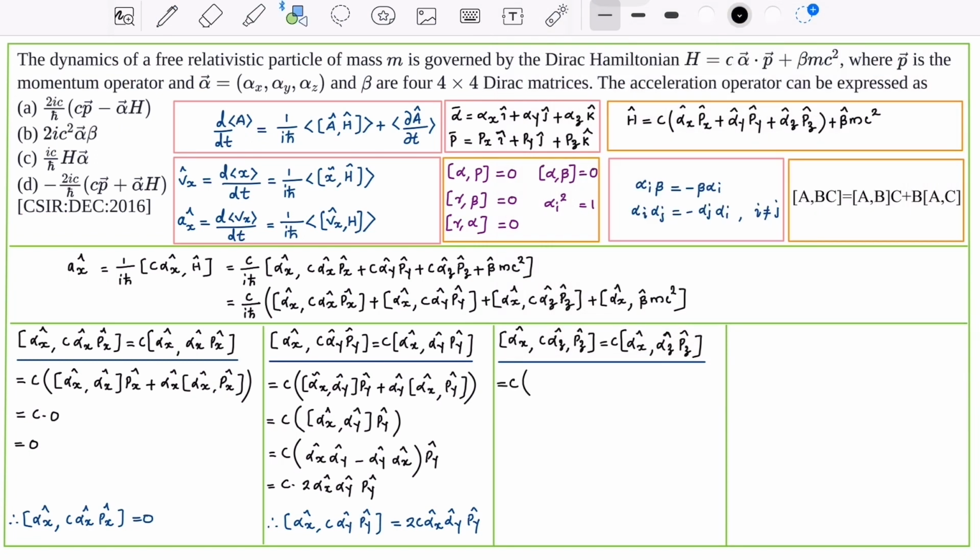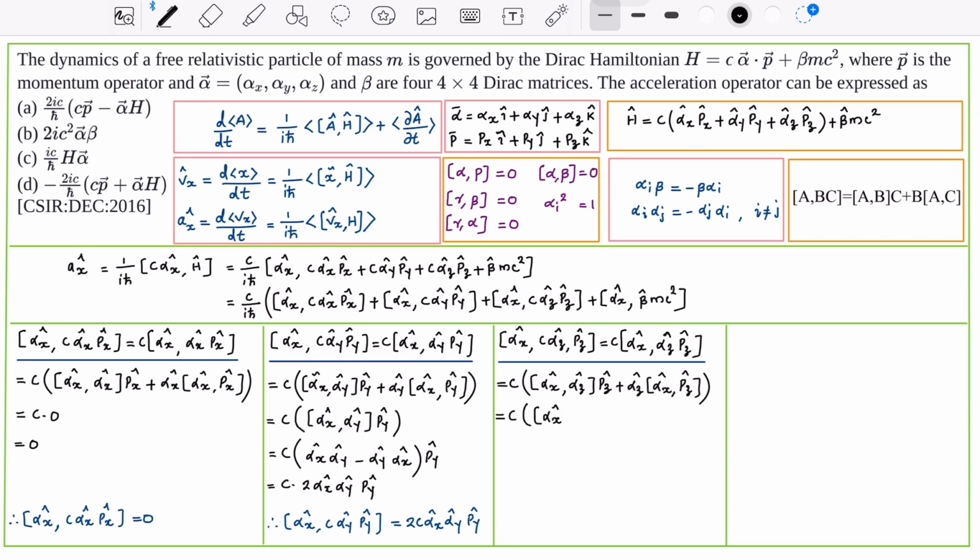This is equal to c times the commutator of alpha x and alpha z pz, which is c times the commutator of alpha x and alpha z, pz, plus alpha z times the commutator of alpha x and pz. Here again we have that the commutator of alpha and p is equal to 0. Therefore, the second term goes to 0.